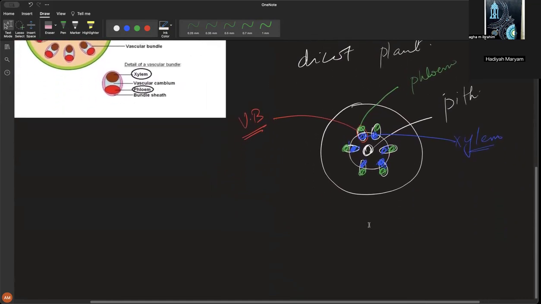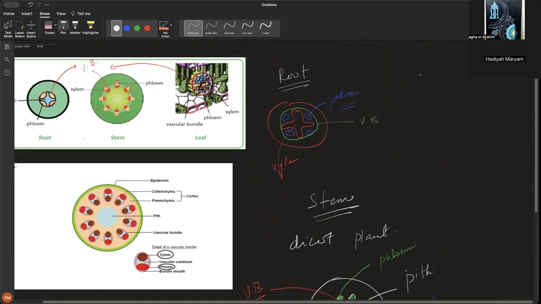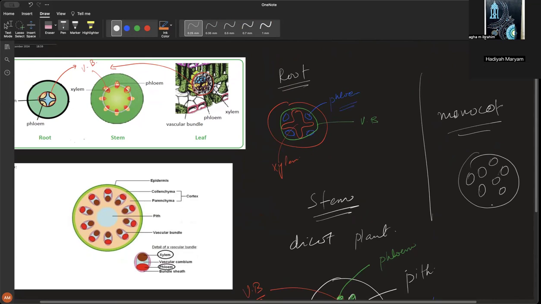But if you talk about a monocot plant, which is not really a concern, I'm just giving you an understanding. It might appear in the exam. In a monocot plant, the vascular bundles are arranged randomly like this. You understand?